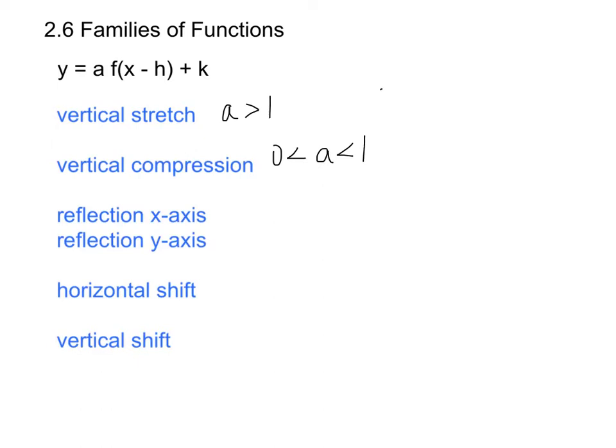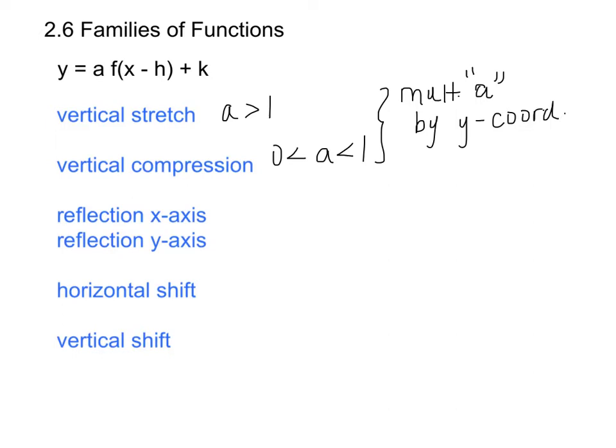These two values of A affect your y-coordinate. So you would multiply the A value by your y-coordinate, because anything that affects it vertically affects the y's.